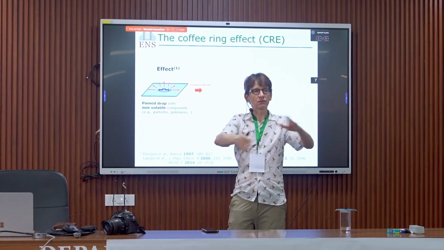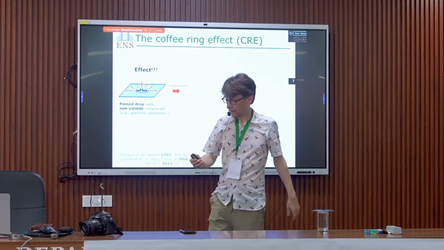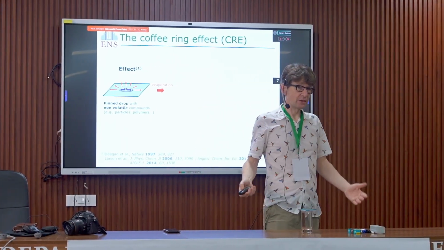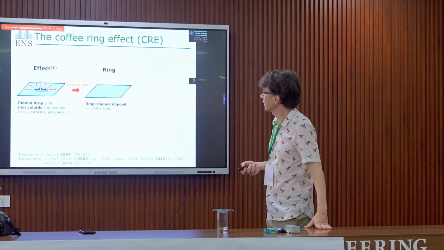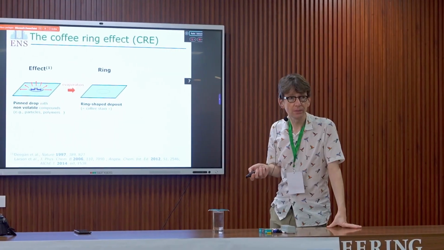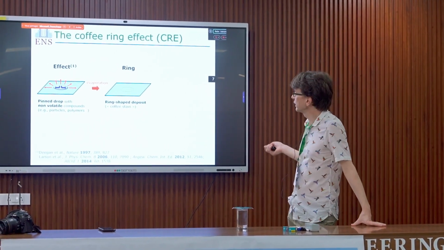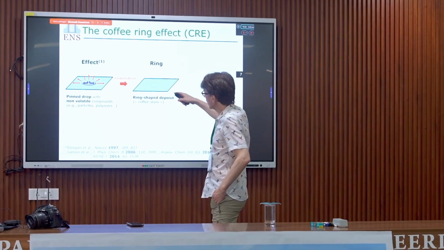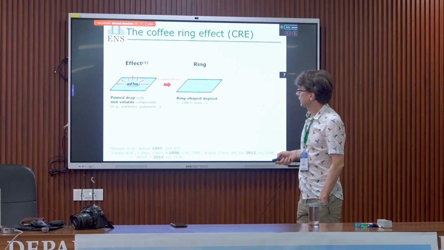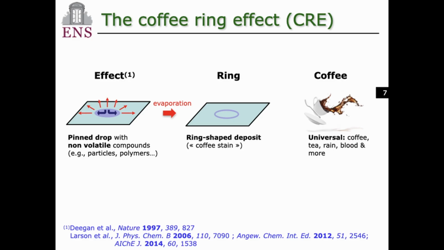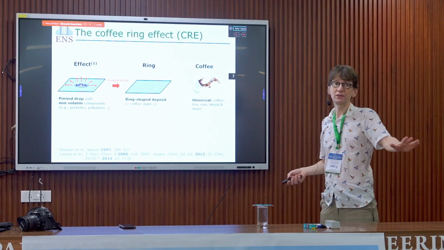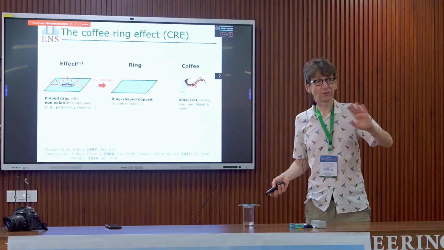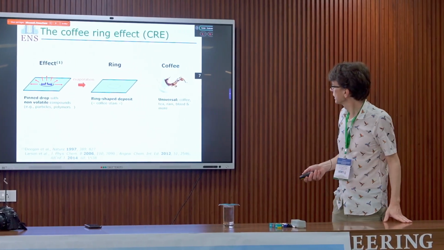And this flow will transport everything. And since the contact line is pinned, it will accumulate there and make a ring if your drop is circular, and otherwise an anisotropic distribution with the shape of the initial drop. It's called coffee for some reason, but it has nothing to do with coffee. It's actually difficult to do the coffee ring effect with coffee, because coffee is full of surfactant and many things.